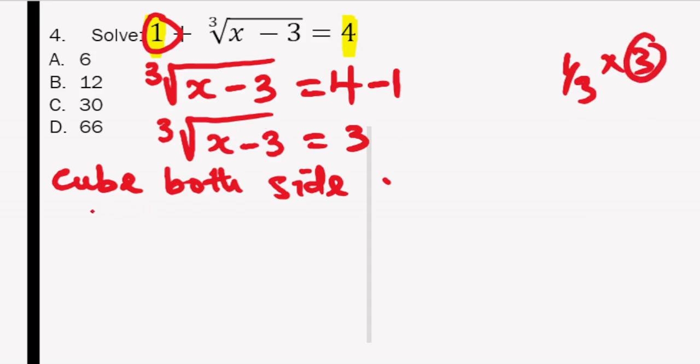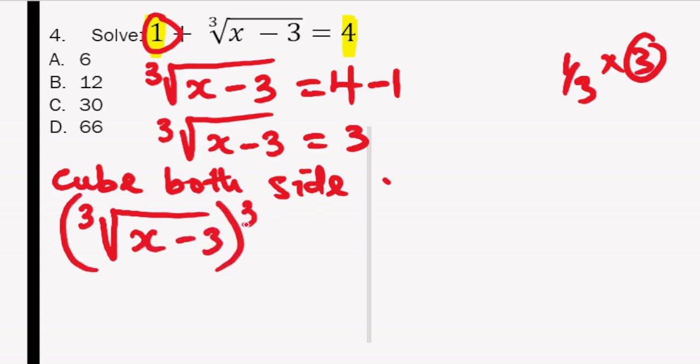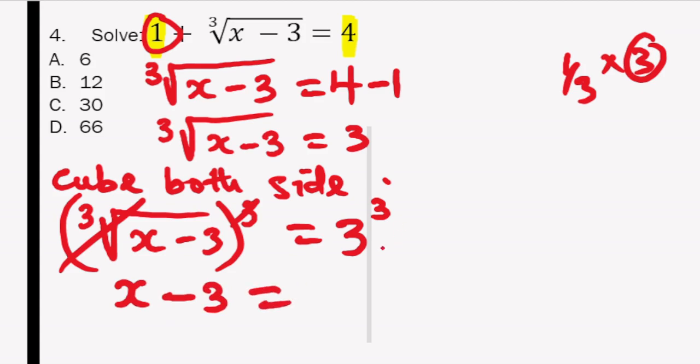So cubing both sides, I'm going to be having the cube of the cube root of x minus 3 equal to 3 cubed. Cube is the opposite of cube root, so it will take it out. So cube will cancel cube root. Now we are left with x minus 3 equals 3 cubed.